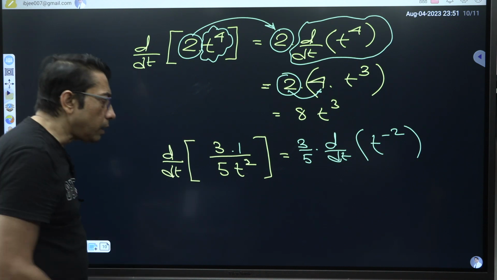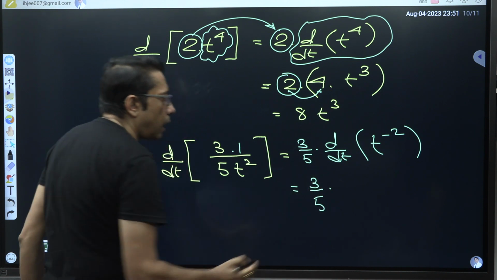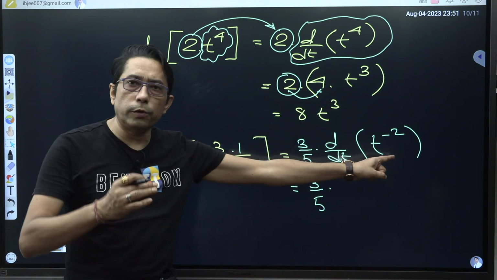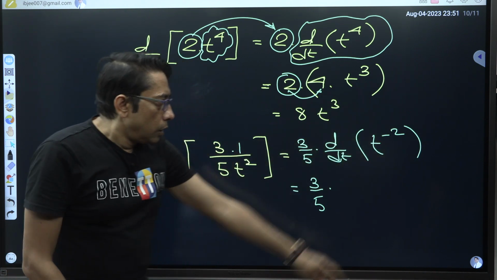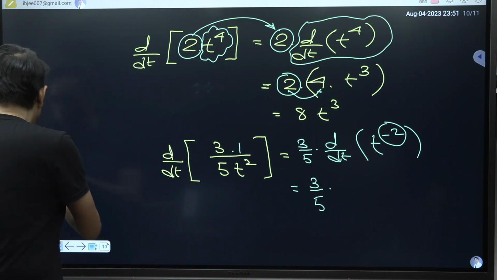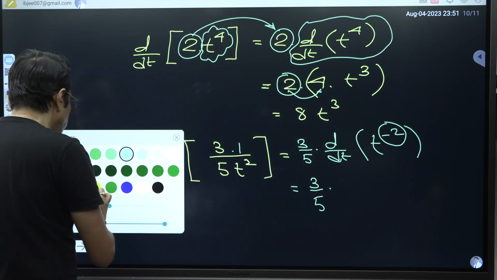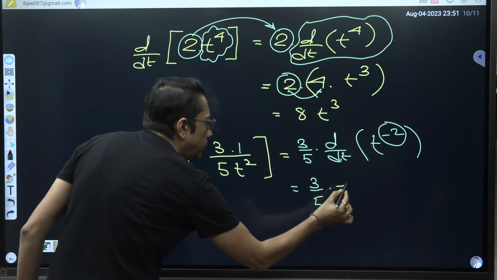Now Hitesh tells us that after we differentiate this following the same principle as Shomik just said, t to the power something, that something is how much here? Hitesh? -2. We should bring it in front of t, that is -2 within bracket.